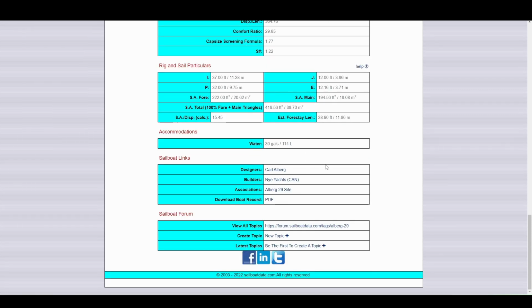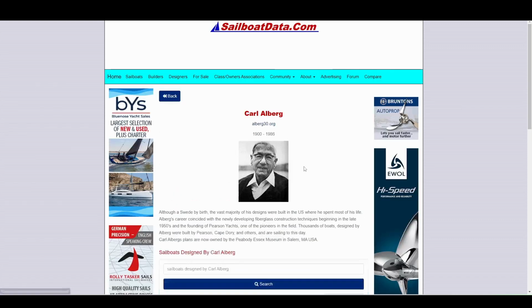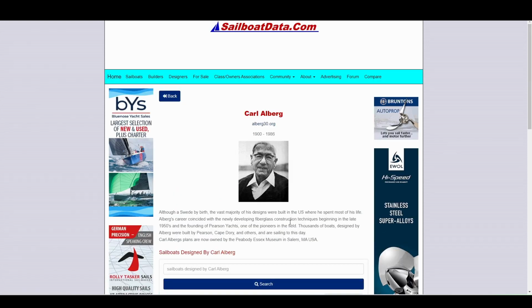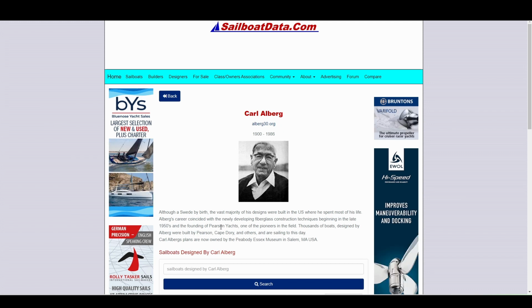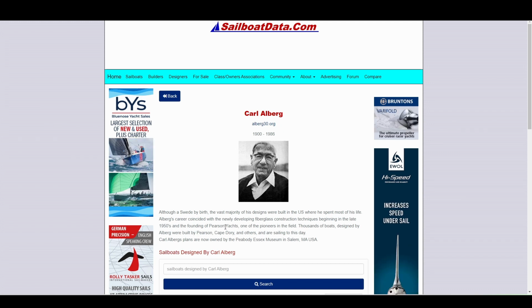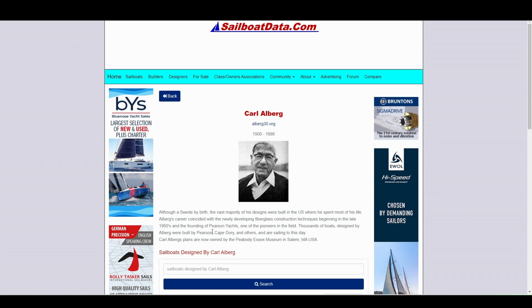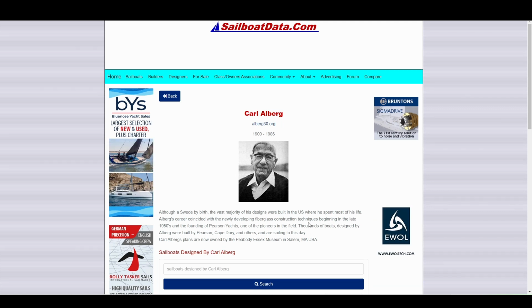This is okay. Now, two more things that I think really make sense to have a look at are the designer and builder. And this is how I make my pre-selection for a boat. So designer Carl Alberg, I click on the designer, a very short summary of his designs. So you can see that he was with Pearson and Cape Dory, which are the names in the US.